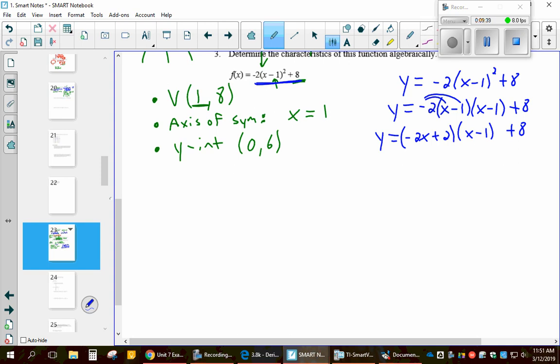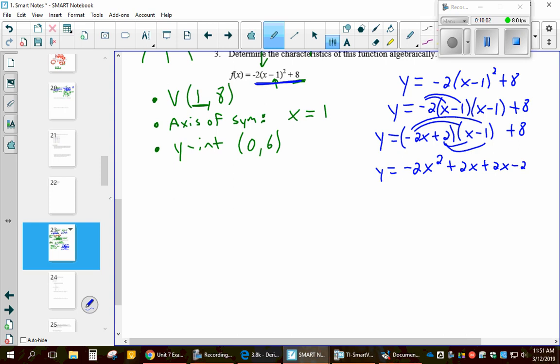Now what do I do? I've got those brackets I've got to get rid of, so I've got to distribute all of it. I've got to do the whole FOIL thing. So we're going to have y is equal to -2x squared plus 2x, plus 2x, and then minus 2.